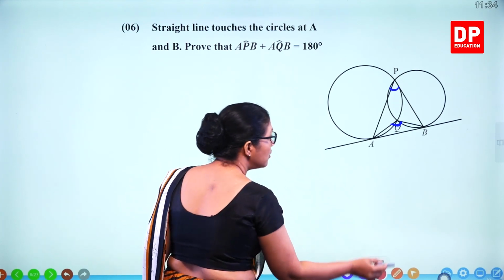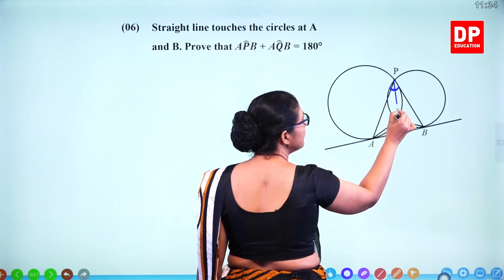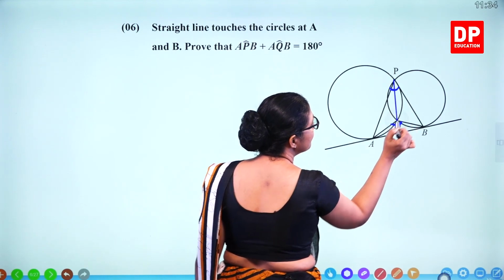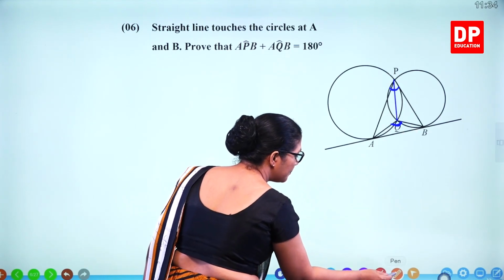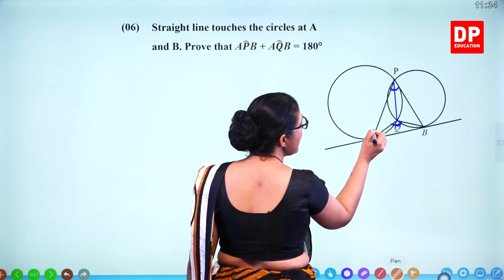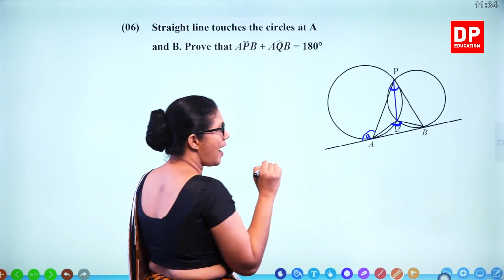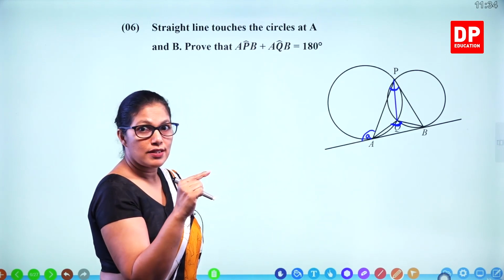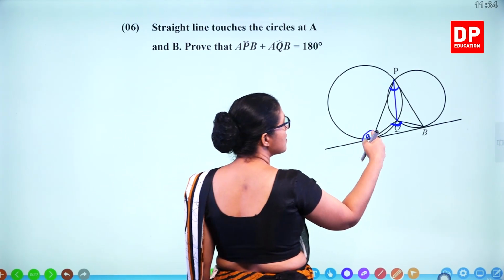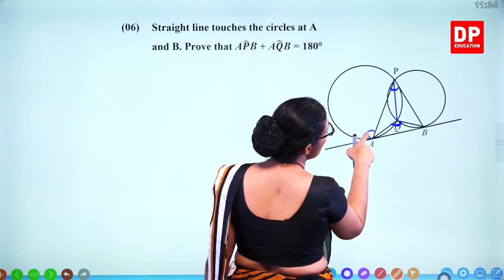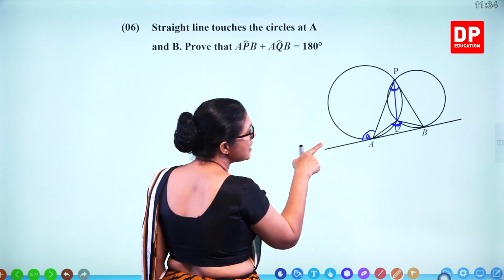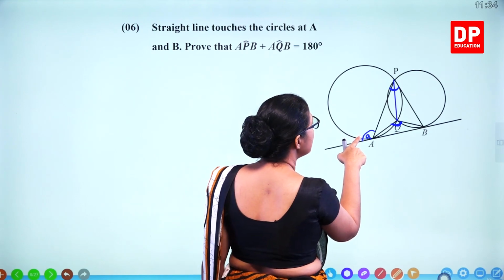Here we'll draw a straight line. If this is A, that's the exterior angle. So the tangent with this chord, the exterior angle is equal to the opposite angle. So what's the opposite angle?